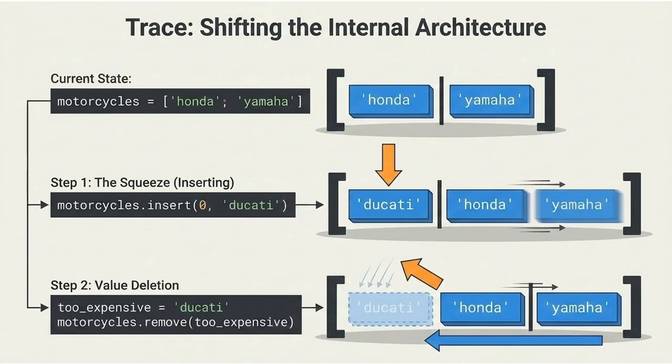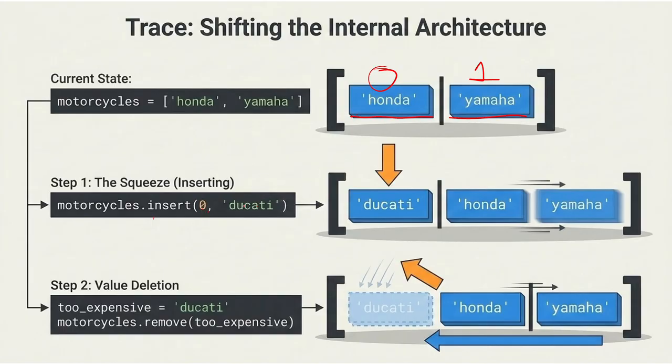Now here again we are tracing it. In the list motorcycles, we have two values, Honda and Yamaha. If we now do motorcycles.insert(0, Ducati), what will happen? Honda has index 0 and Yamaha has index 1.